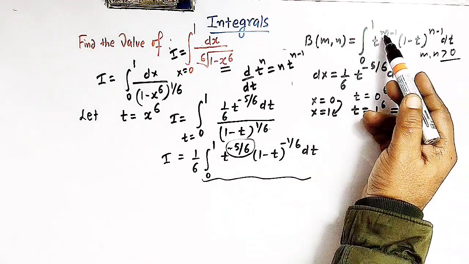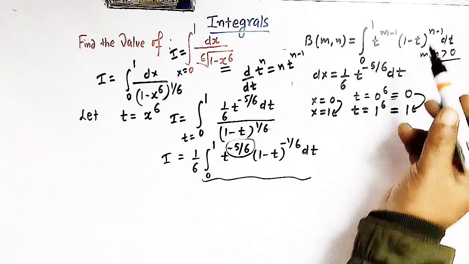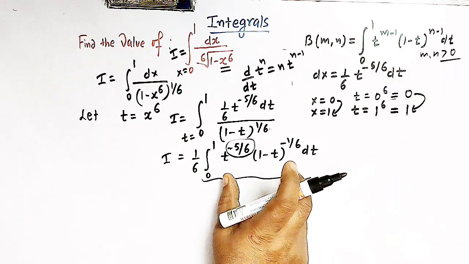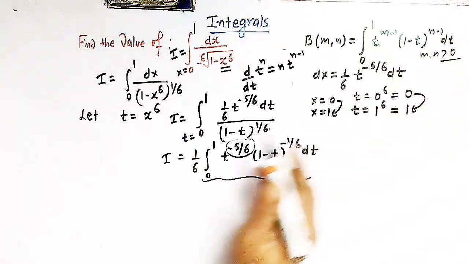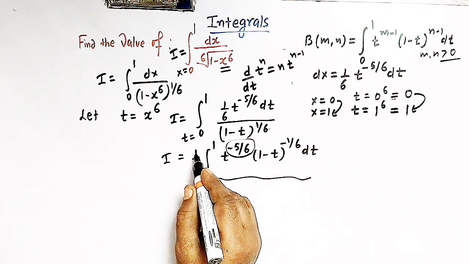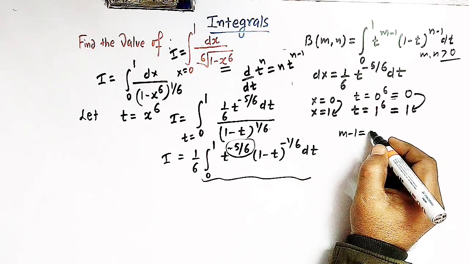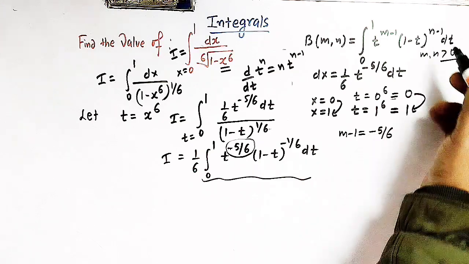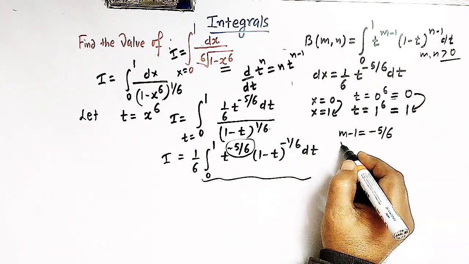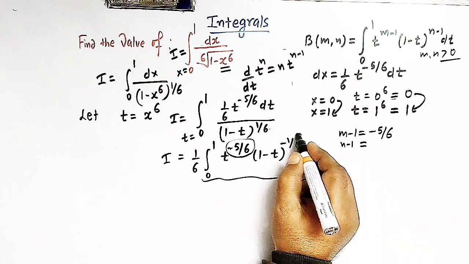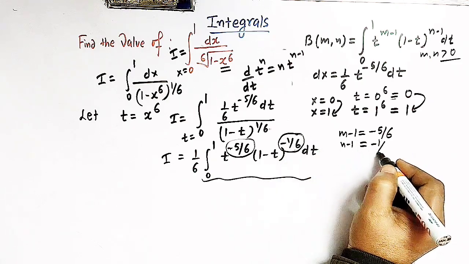So now we need to find out the values of m and n. We can compare this integral with this one. Here we have an additional factor 1/6. So m - 1 can be written as -5/6, and n - 1 can be written as -1/6.